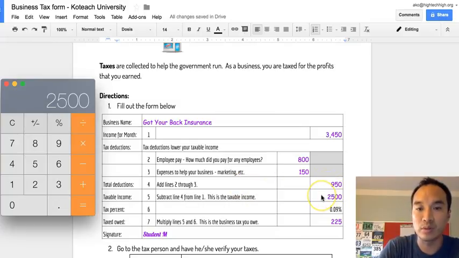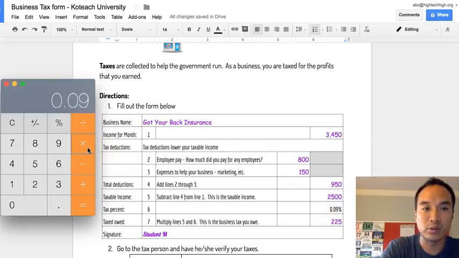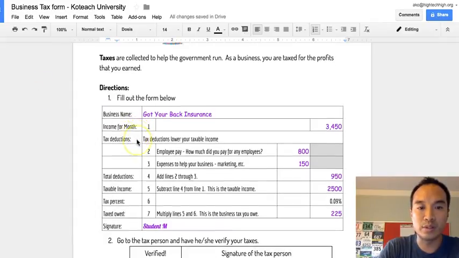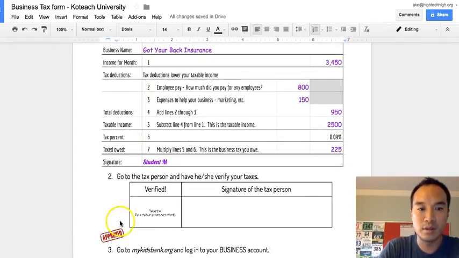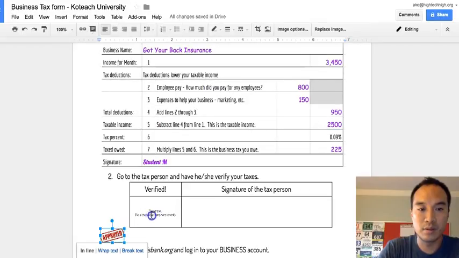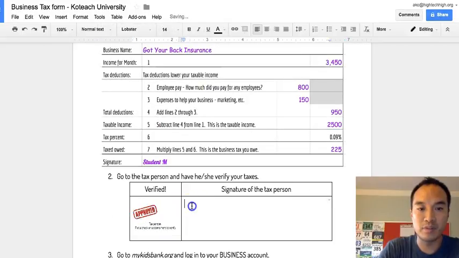Yep, sure enough. And then we're going to multiply lines 5 and 6. So that times 0.09. In fact, yes, they had to pay $225 in taxes. So what you're going to do is you're going to prove this. Say, yep, I've checked it.